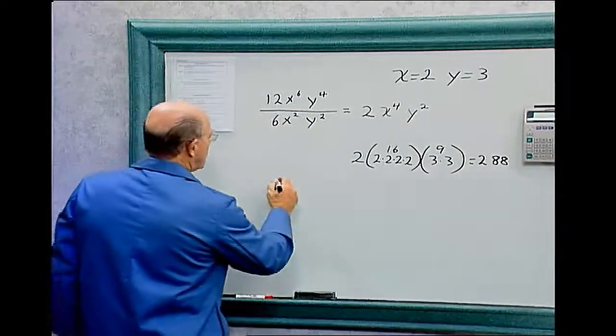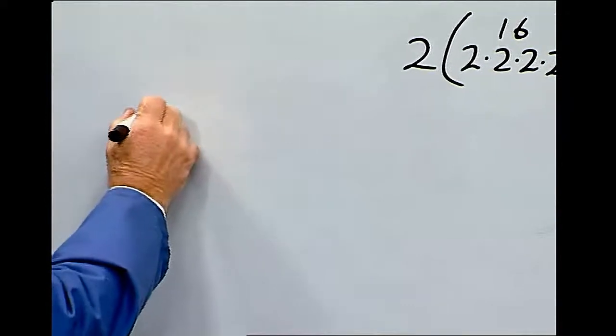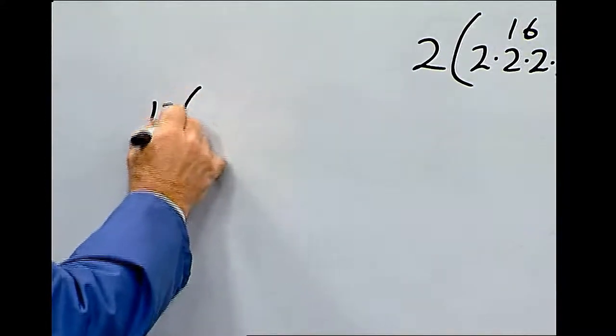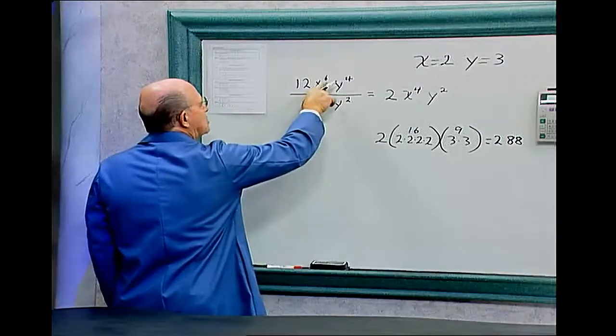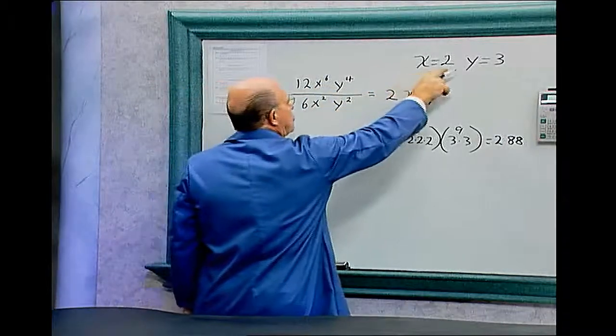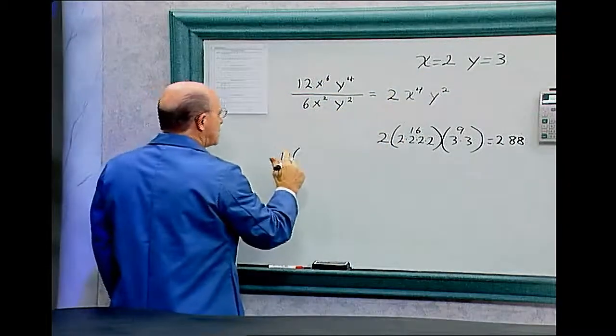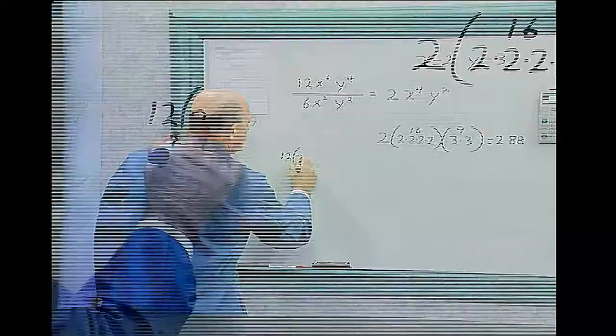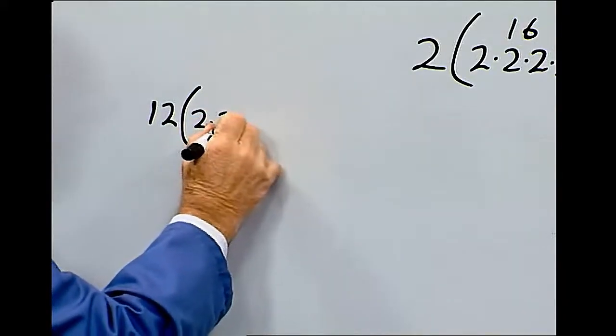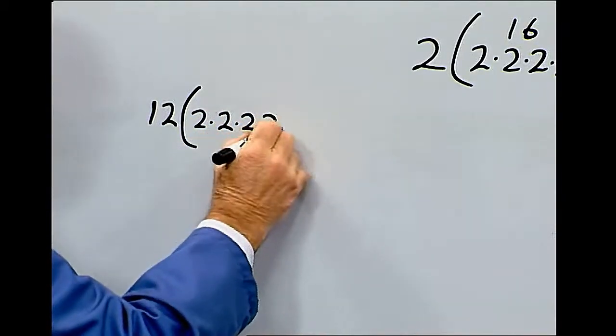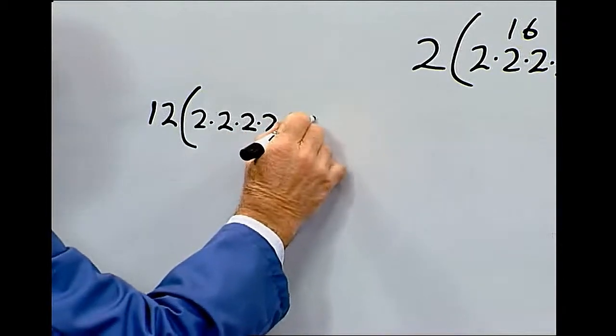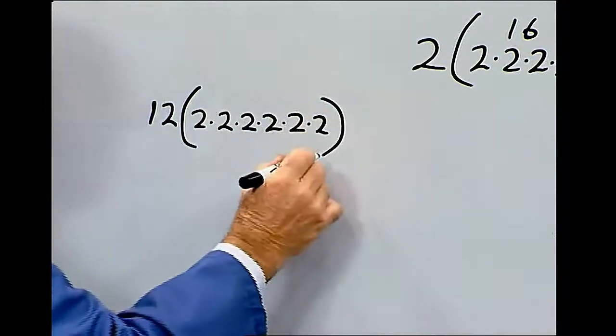All right? So 12 times x to the sixth power, and x is 2, so we're going to put 6 x's in there: 2 times 2 times 2 times 2 times 2 times 2.